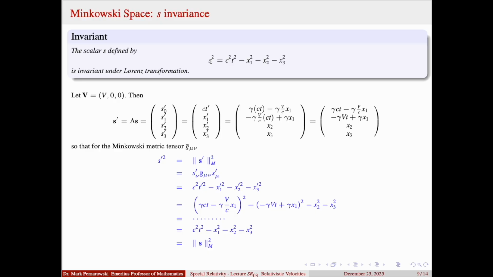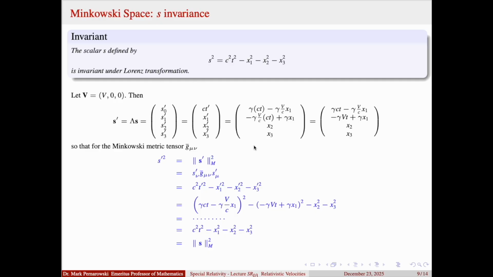So regardless of what frame you are measuring in, the S values will be the same. It's important to find invariance under Lorentz transformations. These are things that are the same whether you're in the non-moving frame or the moving frame. It doesn't matter. They have the same values.